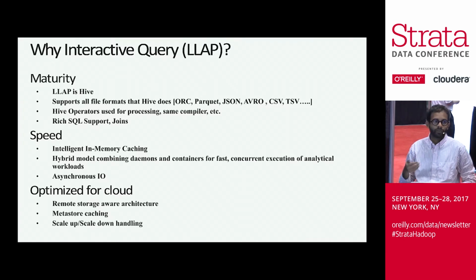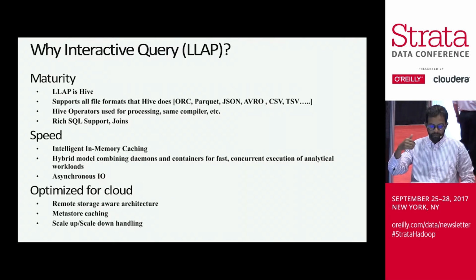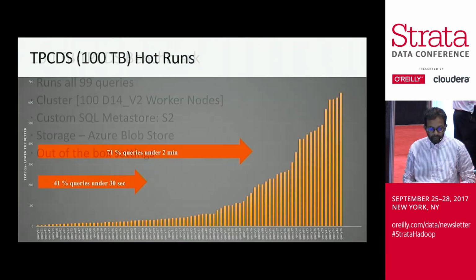do ETL operations to change the data format from one to the other for BI scenarios. You can just query over the data in whatever format it has, and it could be structured data, it could be unstructured data. So it works on all these form factors.